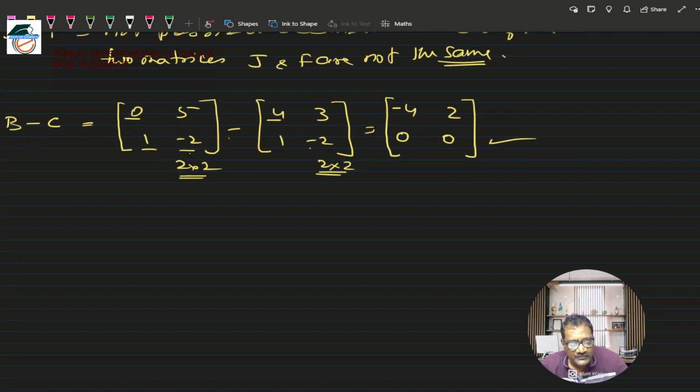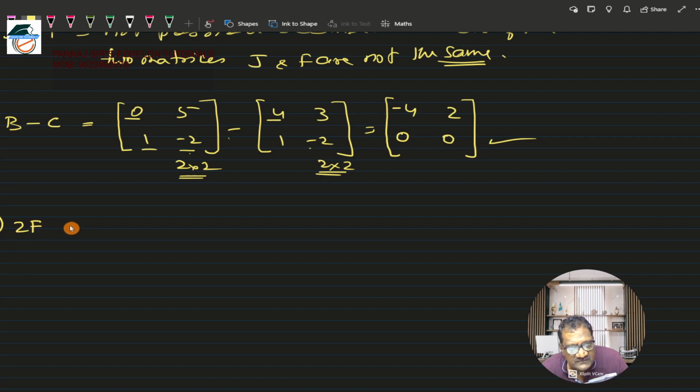So I hope in the process of explaining this exercise questions, I am also discussing the method of addition and subtraction. So by now you must have been clear about how two matrices are added and subtracted. Okay, so let us move on to the next one, and the fifth one is 2f.